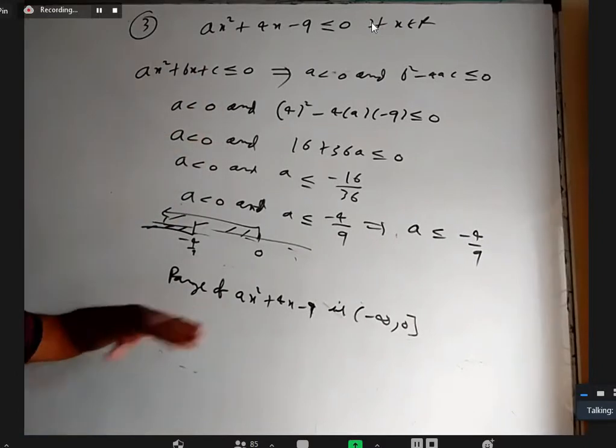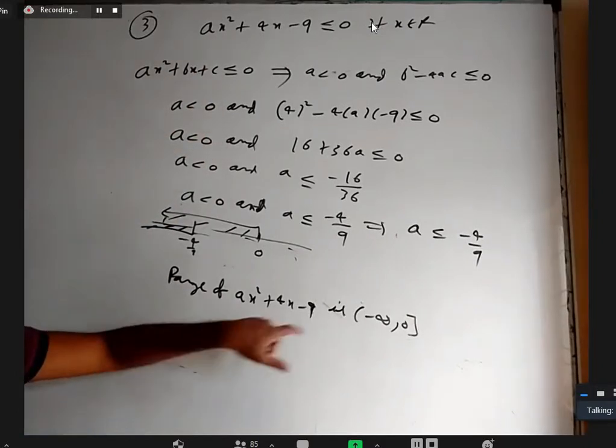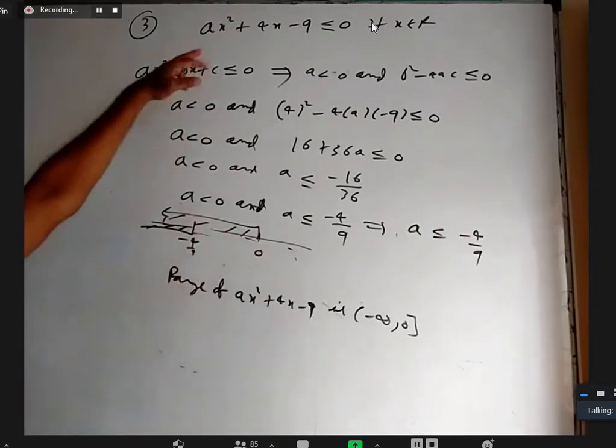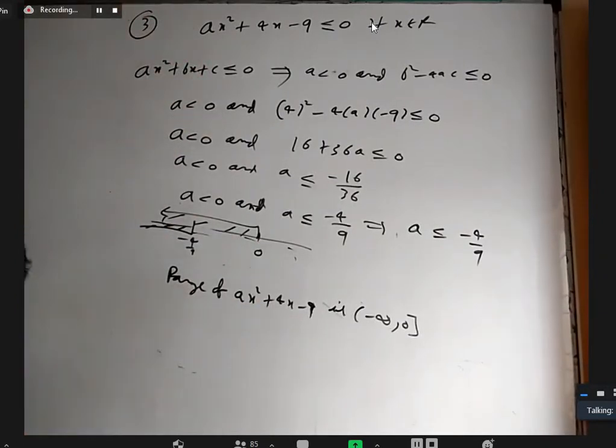They want the set of all values of a so that the range of this is this. Are these two questions the same? Yes, sir. No, there is a difference.